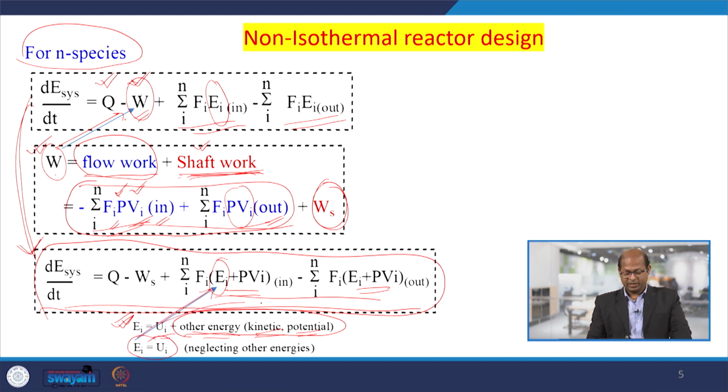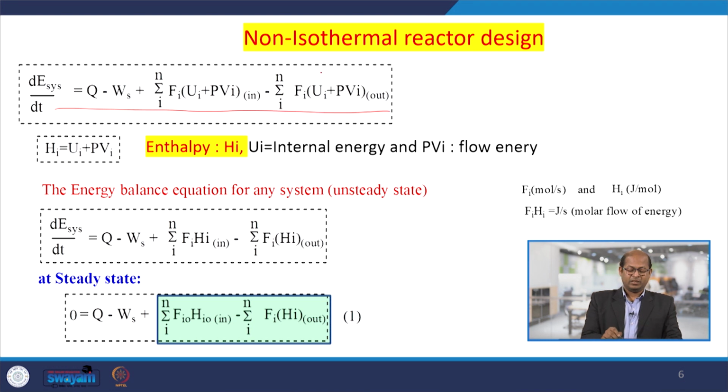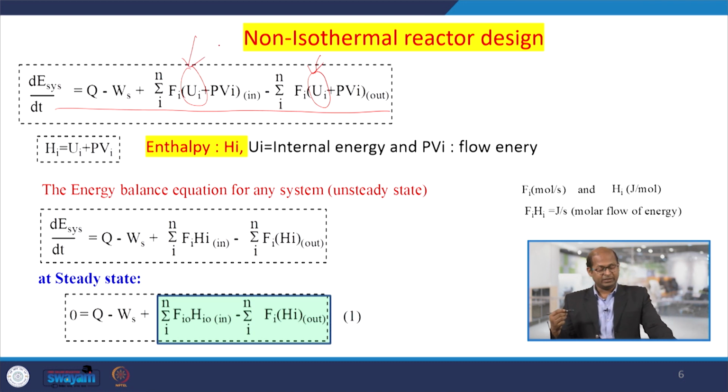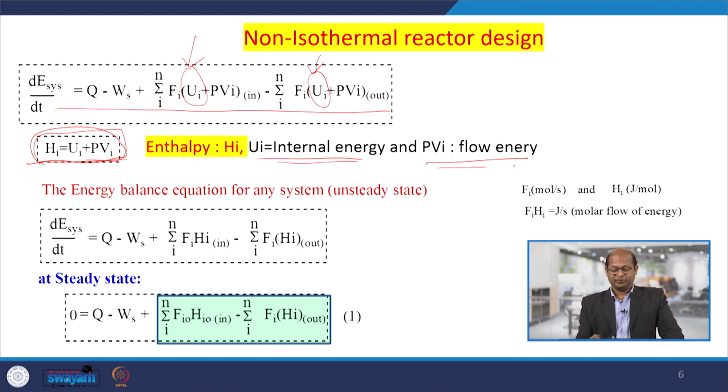We can substitute Ei equals Ui here, and then the equation becomes this: we are expressing the energy in terms of internal energy by neglecting the other energy terms. So Hi equals Ui plus PVi, where Ui is the internal energy and PVi is the flow energy.